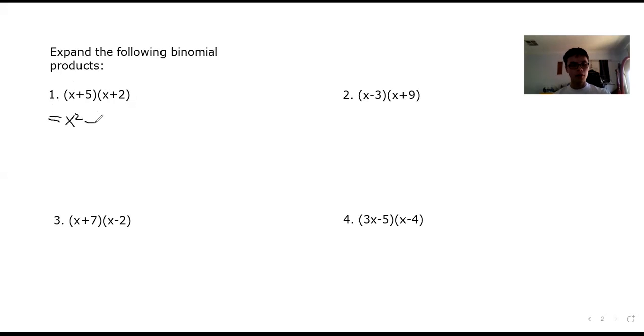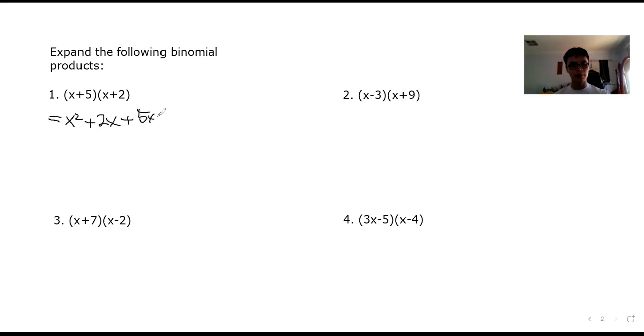And then we use the O part of the method now, so that would be x times 2, so that would be 2x. Then the I part of the FOIL method, we have 5 times x.